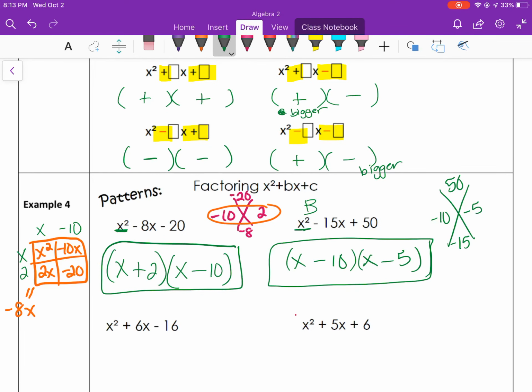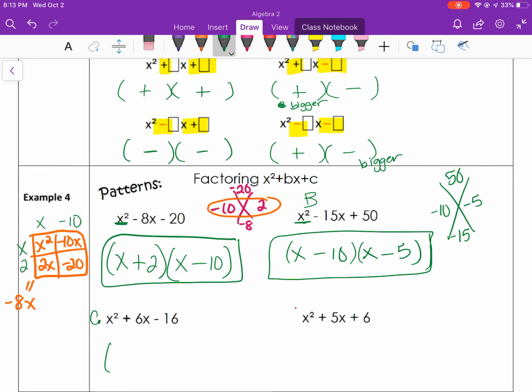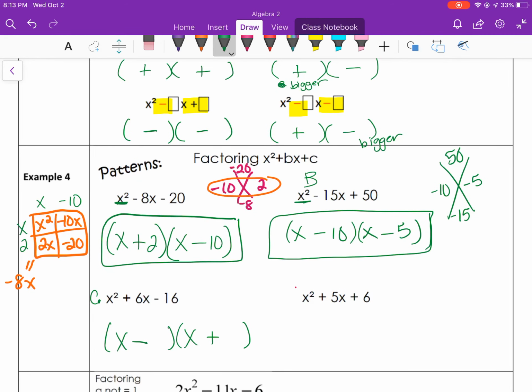If you have down here, we'll call this example C, multiplies to a negative 16, adds up to a positive 6. So that means it's going to have one negative and one positive factor. Since it adds up to a positive number, the positive factor will be bigger. So what multiplies to negative 16 but adds up to positive 6?